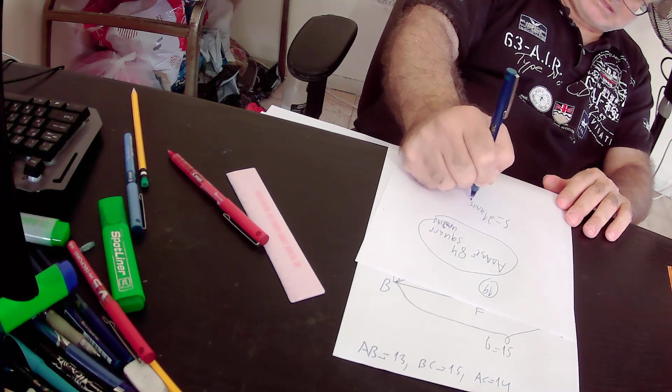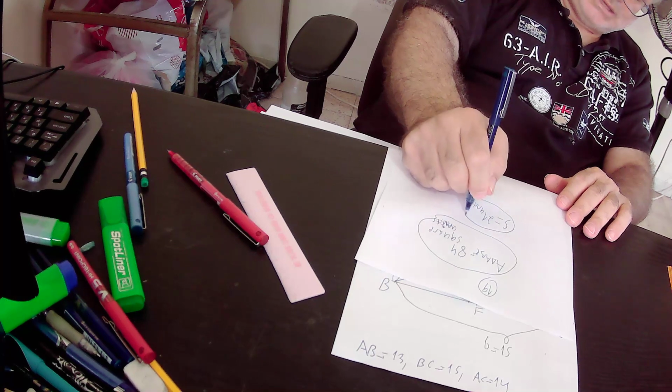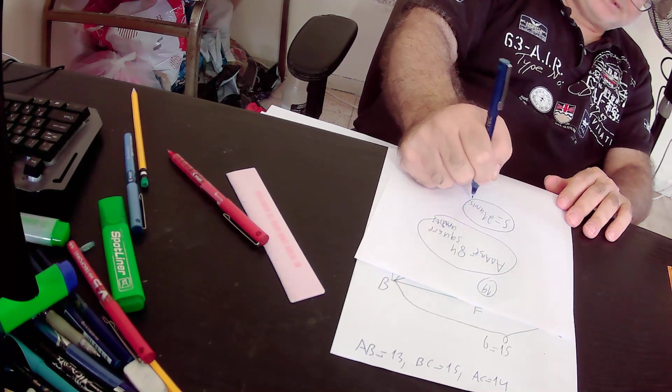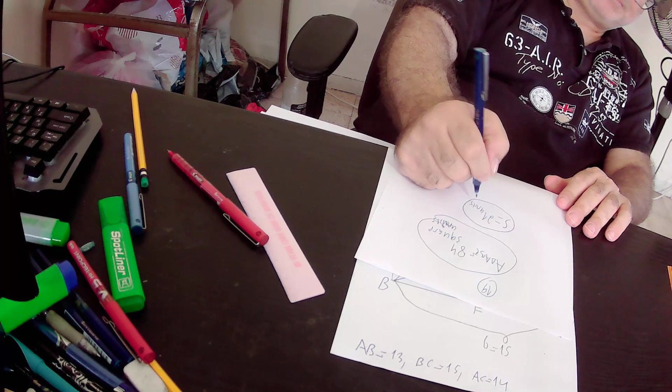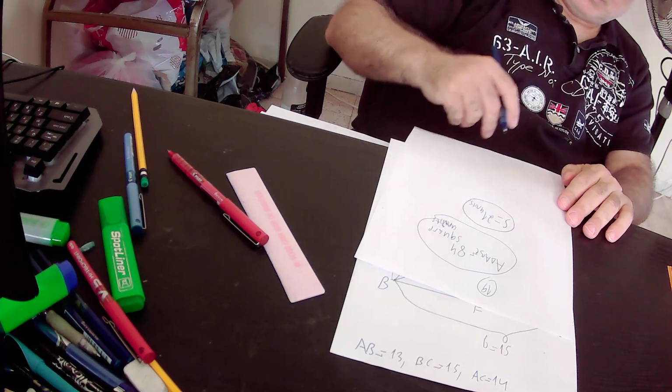The semi-perimeter of any triangle equals the sum of its sides, the perimeter of the triangle, over 2.